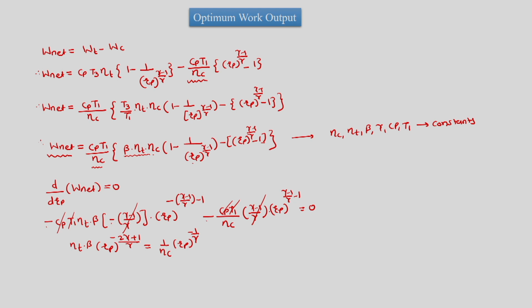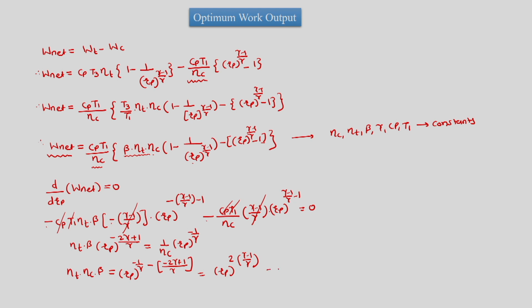So, this leads to the fact that we have eta t, eta c, beta, and that is equal to Rp raised to minus 1 upon gamma minus minus twice gamma plus 1 divided by gamma, and then that we can rewrite as Rp raised to twice gamma minus 1 upon gamma.